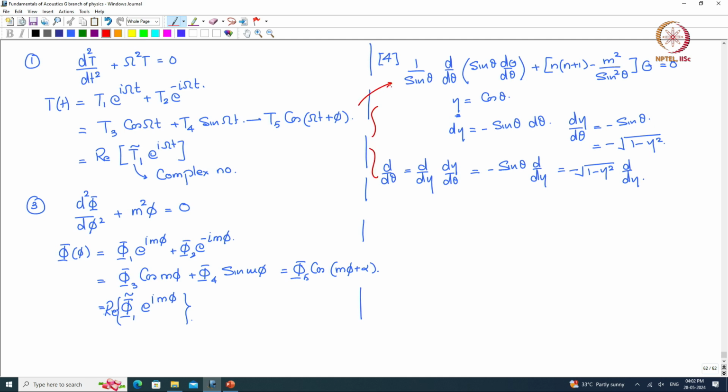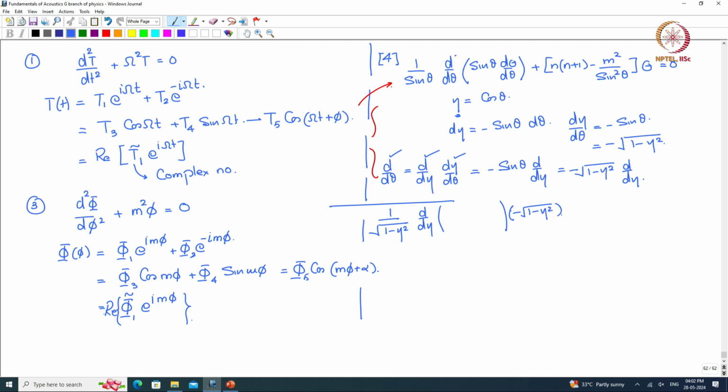Okay. So if we apply, what do we have? We have sin theta, so let me demarcate, 1 over square root of 1 minus eta square, then d by d eta. So d by d theta is d by d eta into d eta d theta. So whatever is inside into d eta d theta, which is minus sin theta, therefore minus square root of 1 minus eta square.